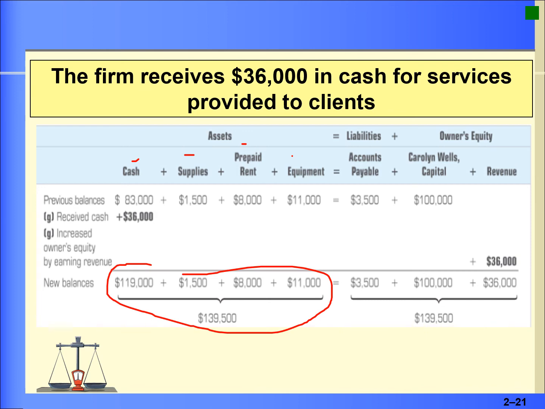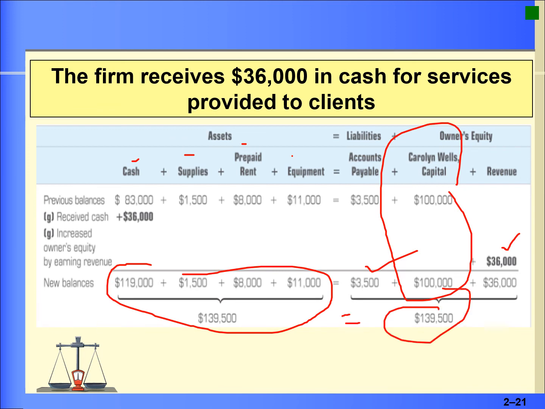And then of course your liabilities: accounts payable is going to be your most common liability for this class, so get used to that name. Your debt, accounts payable, is 3,500. Notice under the equity, you've got this Wells Capital, which is at 100, and it looks like there was $36,000 of revenue. That's also going to be on the equity side. Notice that if you add up all the columns, you do indeed balance.